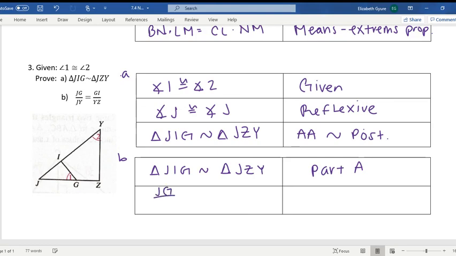Measure of JG to the measure of JY equals the measure of JI to the measure of YZ. And we know that because corresponding sides of similar triangles are in proportion, or we can say definition of similar polygons. Either way works.